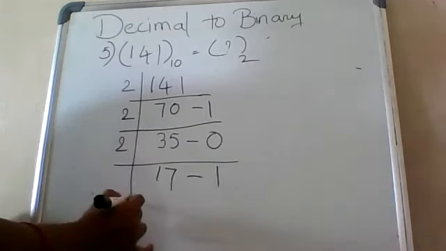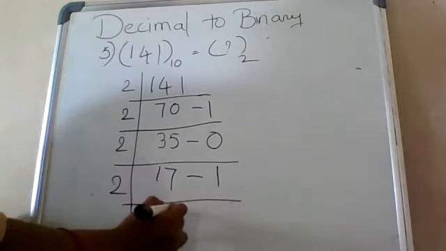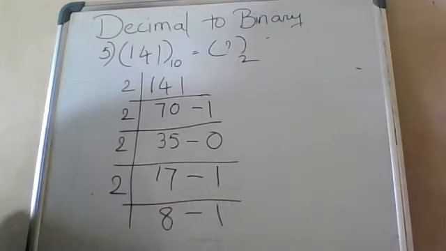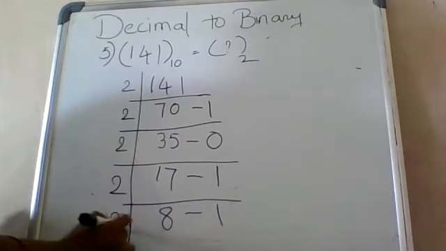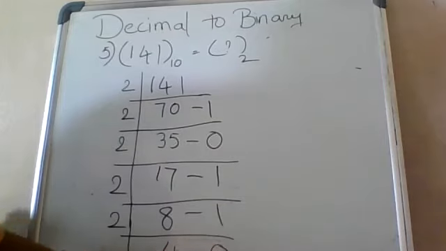Remainder 1. 2 times 8 is 16. Remainder 1. 2 times 4 is 8. Remainder 0.